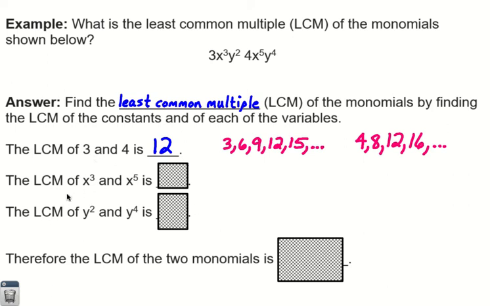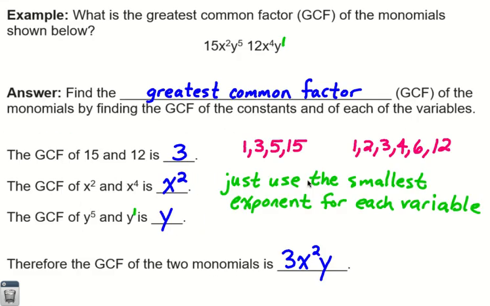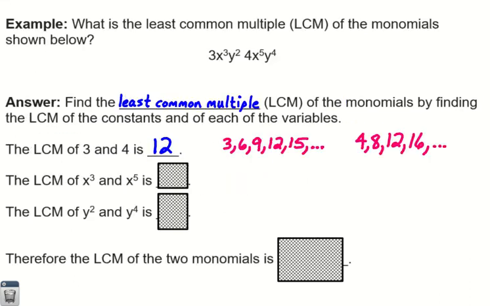Now, moving on to the variables, this is going to be a little bit different. When it came to GCF, remember back here, for GCF, we found the smallest exponent for each variable. Well, what do you think is going to happen here?